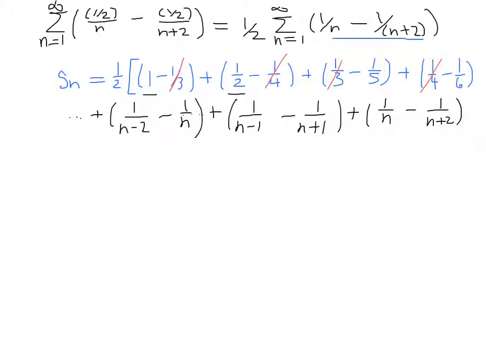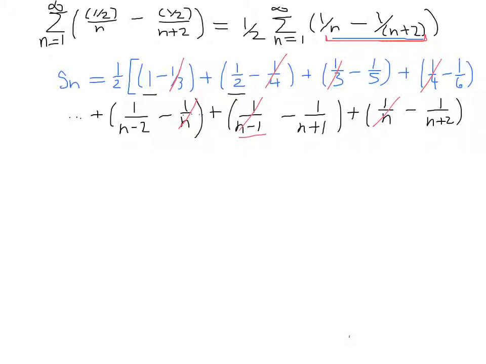All the stuff in the middle, you can see the 1 over n's would cancel, this 1 over n minus 1 would cancel. In general, however many terms are left in the beginning are going to be how many terms are left at the end, or how far apart these are. The distance from n to n plus 2 is 2. There will be 2 terms on either side.